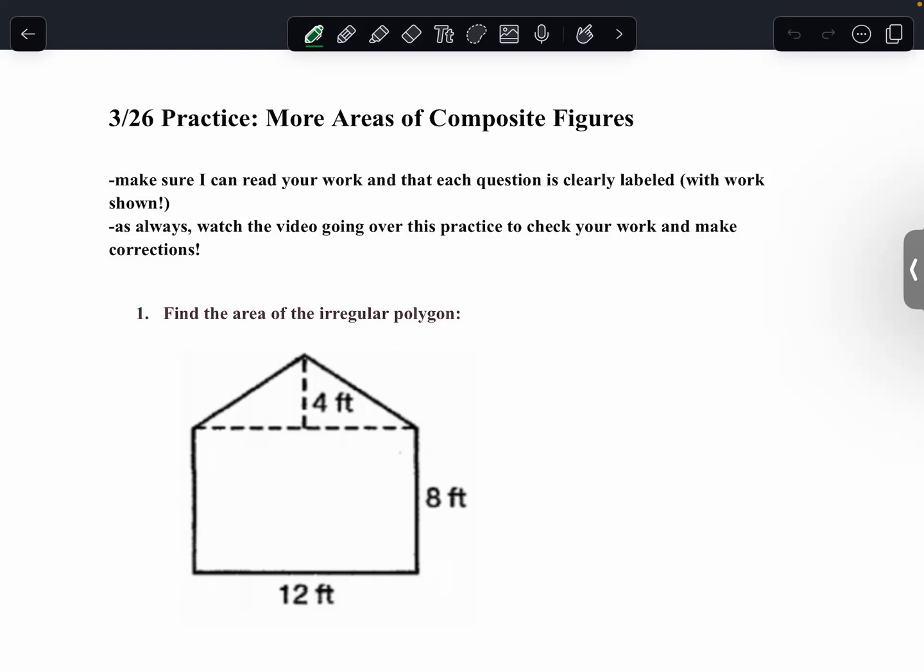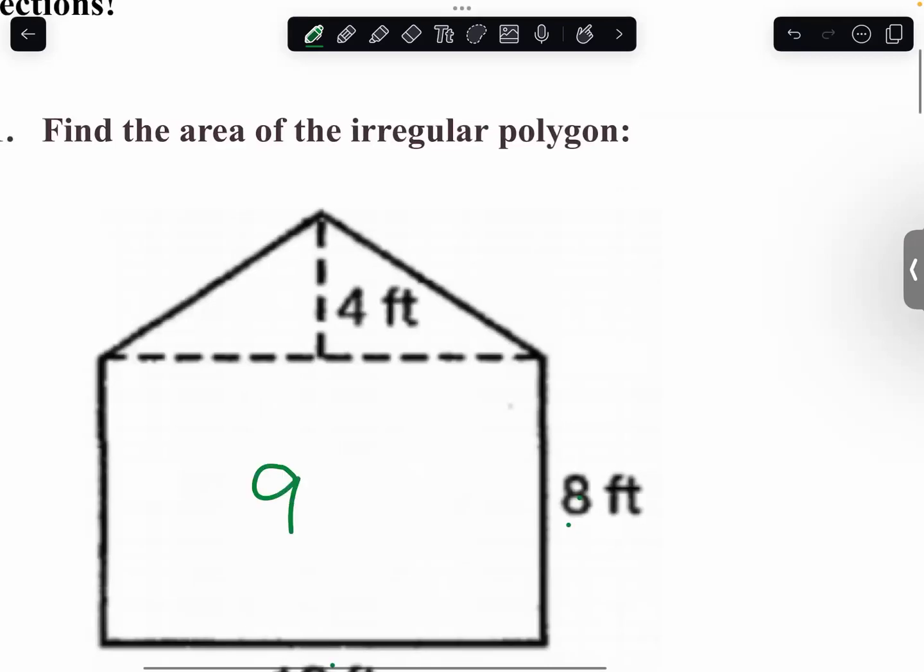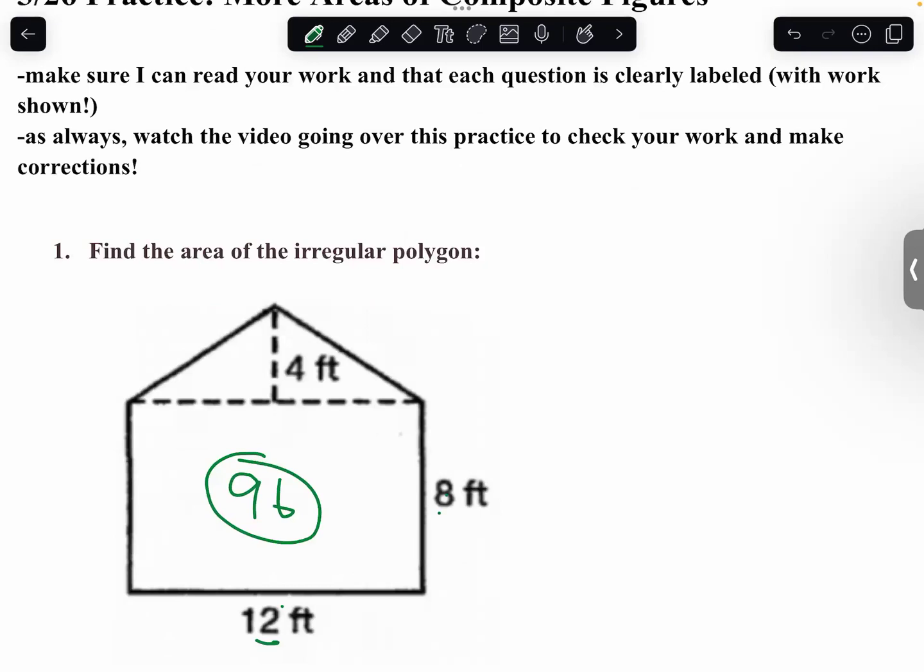Okay, so this one we have basically a rectangle and a triangle. So the rectangle, simple enough, length times width, 12 times 8 is 96. Now, see that this is 12. That means this would still be 12 across right there.